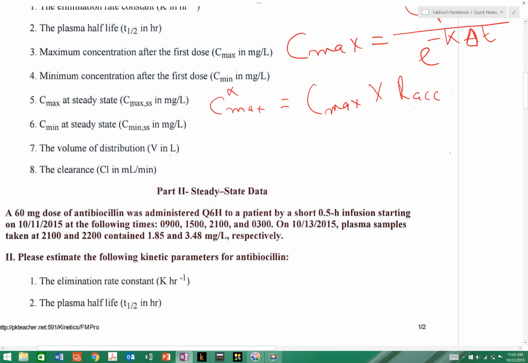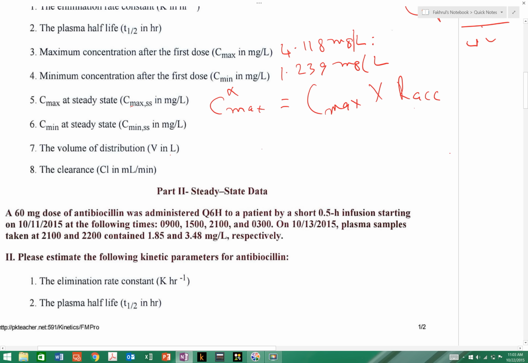We have Cmax, and we can use the earlier Cmax we have calculated, which was 4.118 milligram per liter. Our Cmean is 1.239 milligram per liter. So to calculate Cmax at steady state, we have to go back to the multiple dosing equation, Cmax times RSCC.